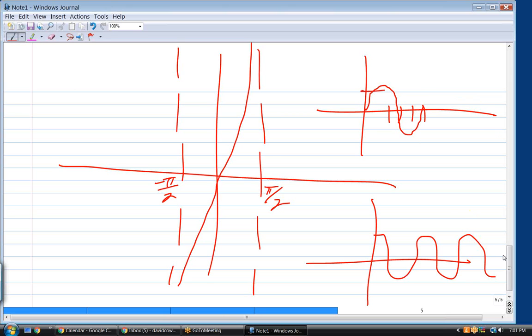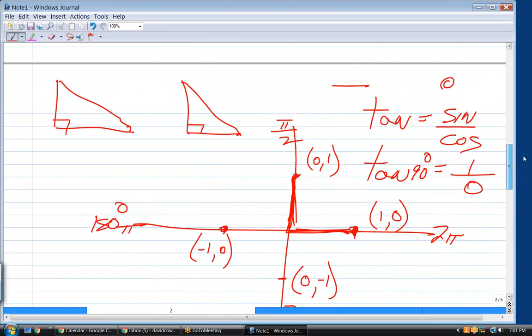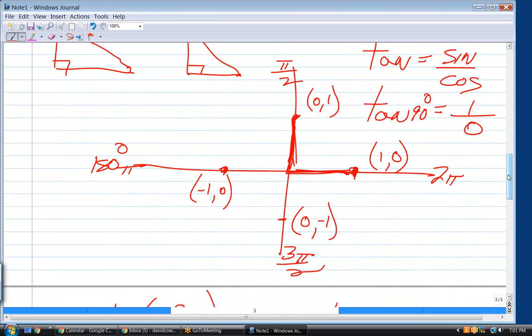But a student told me that he was taught this method in class, and I kind of like this method, because this method here forces you to know that the x-coordinate is cosine of theta and the y-coordinate is sine of theta, as long as you're dealing in the unit circle. Now notice that that only applies if everything's ones. That's why it's called the unit circle, and that's why they came up with it, because it simplifies trig a little bit.